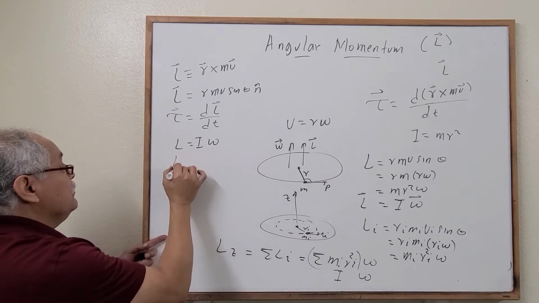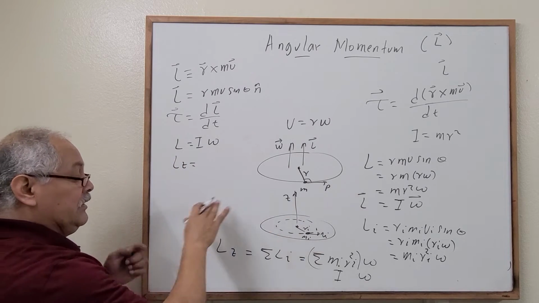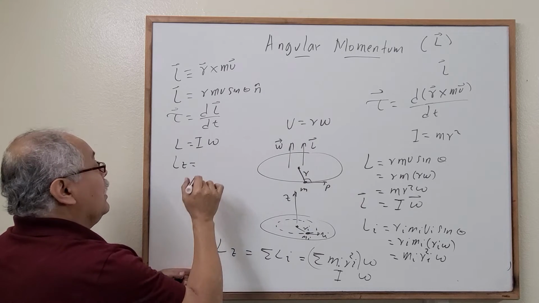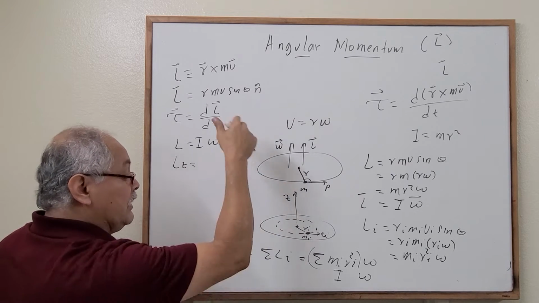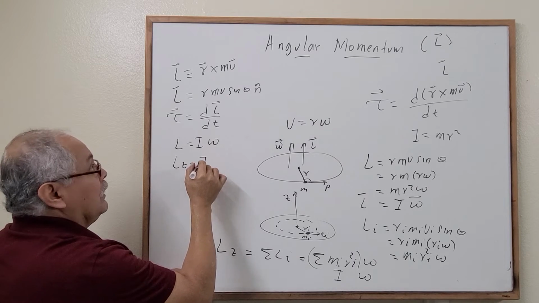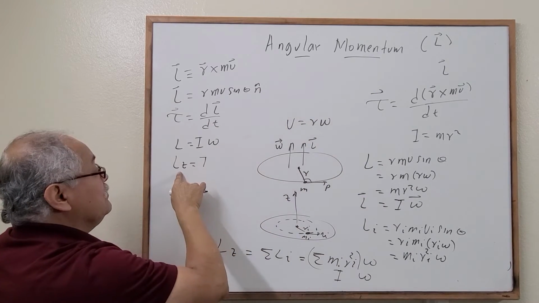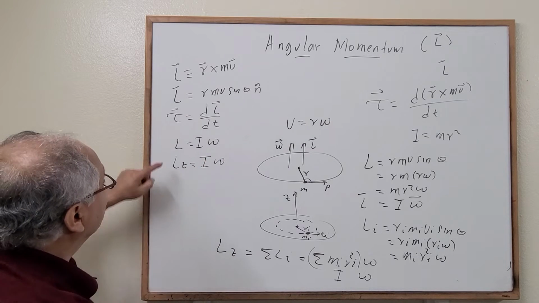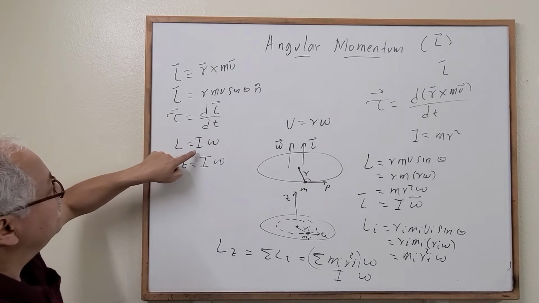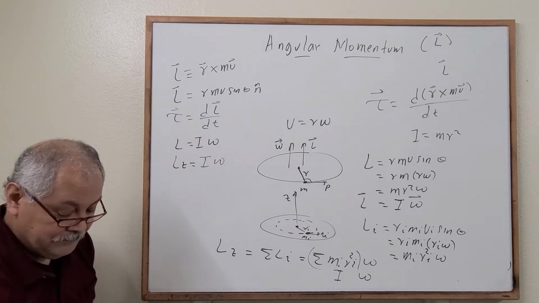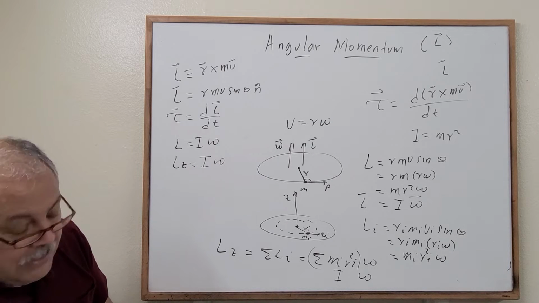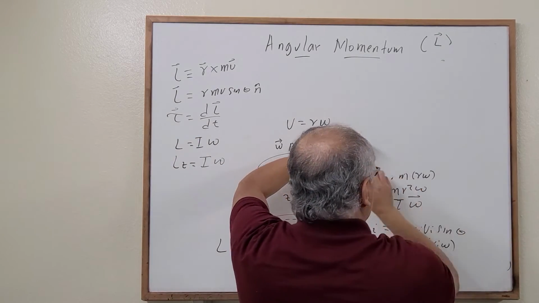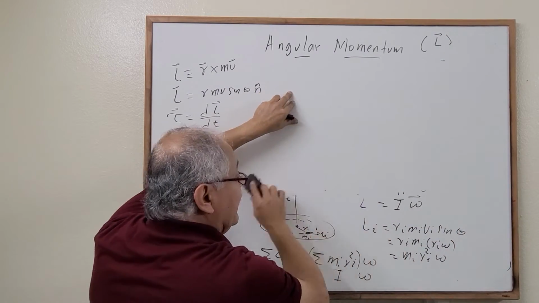So the angular momentum, when we're dealing with a solid, in the z direction is equal to the moment of inertia times omega. Correct? Perfect.